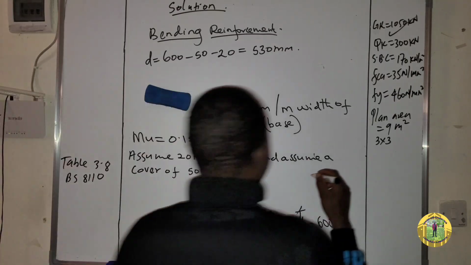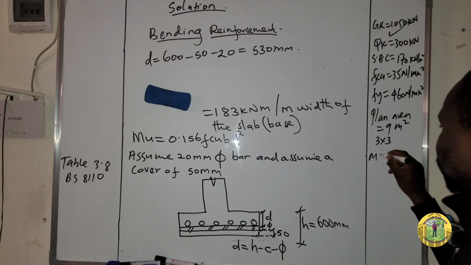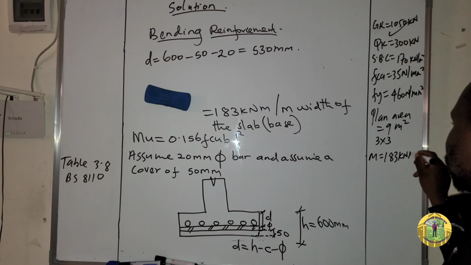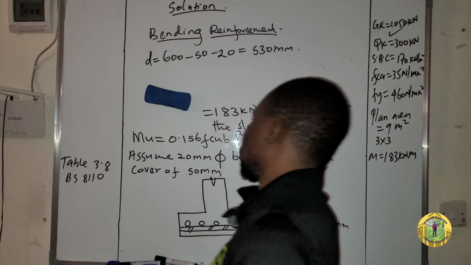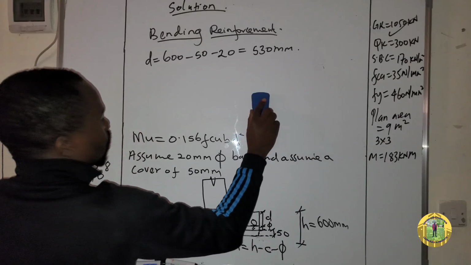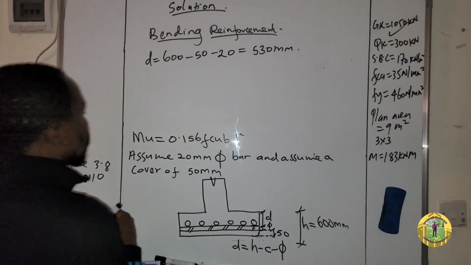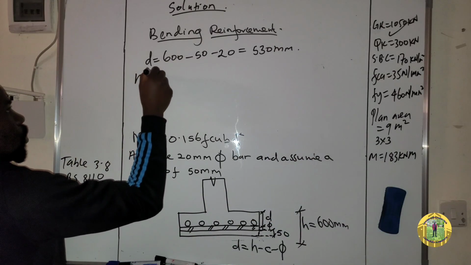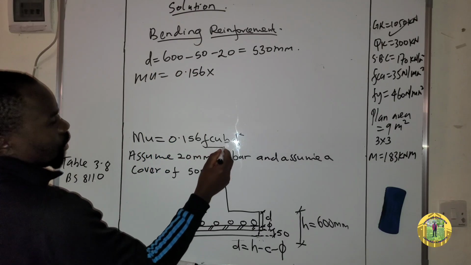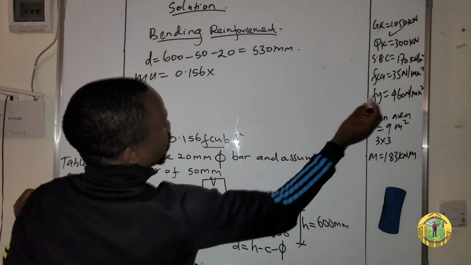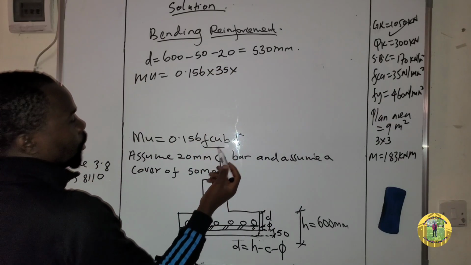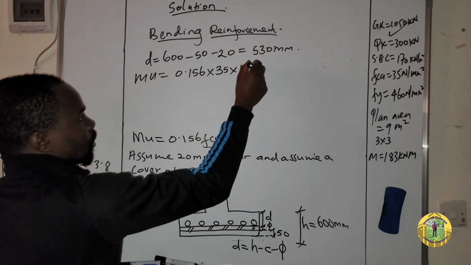So you can write here M is equal to 183 kilonewton meter. So MU is equal to 0.156, FCU is here, that 35, B is 1,000.